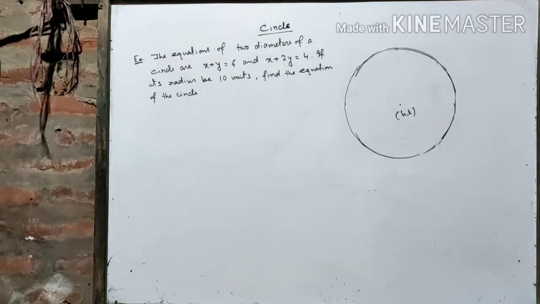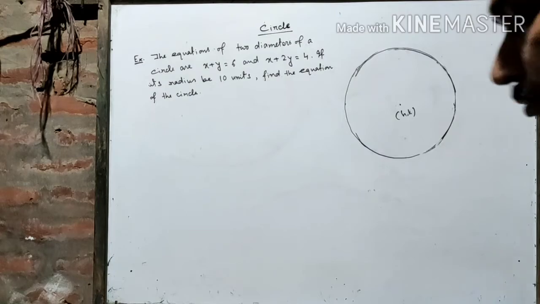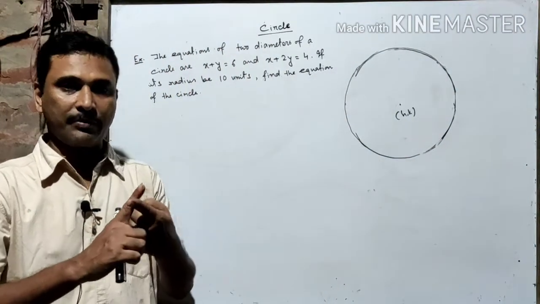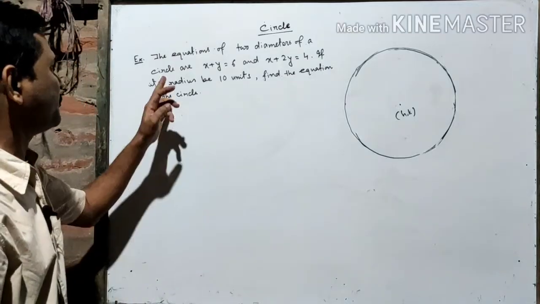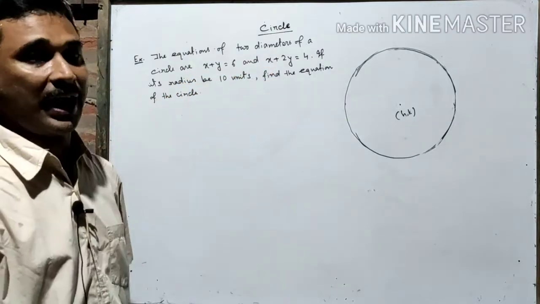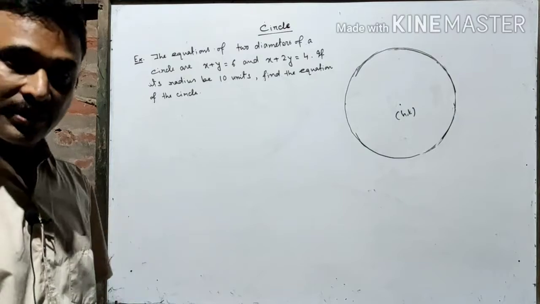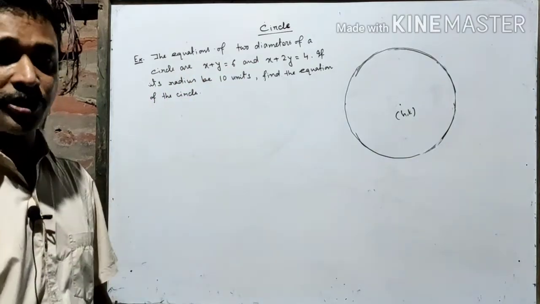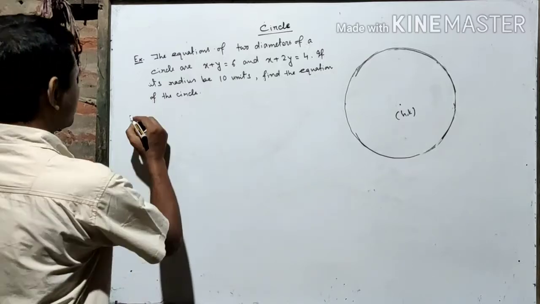We know that the point of intersection of two diameters is the center of the circle. So, if we find the point of intersection of these two lines, that will give the center of the circle. Now, if we know the center and the radius, we can easily find the equation of the circle.